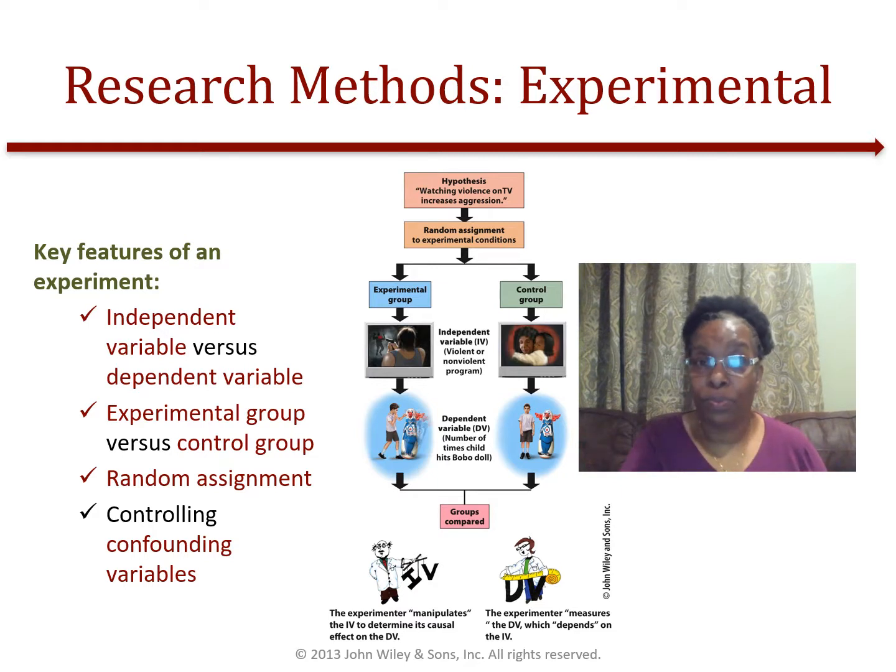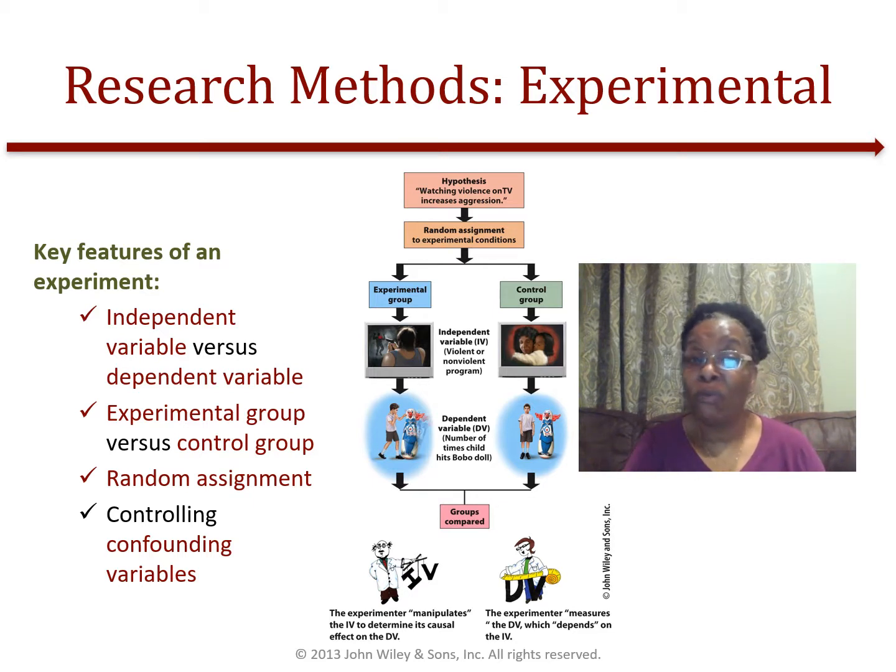Experimental group. Experimental group means they would actually receive the treatment versus a control group, they're not going to receive any treatment. How's the best way to describe it? If you look at the slides, the slide is going to show a breakdown talking about the hypothesis and random assignment.